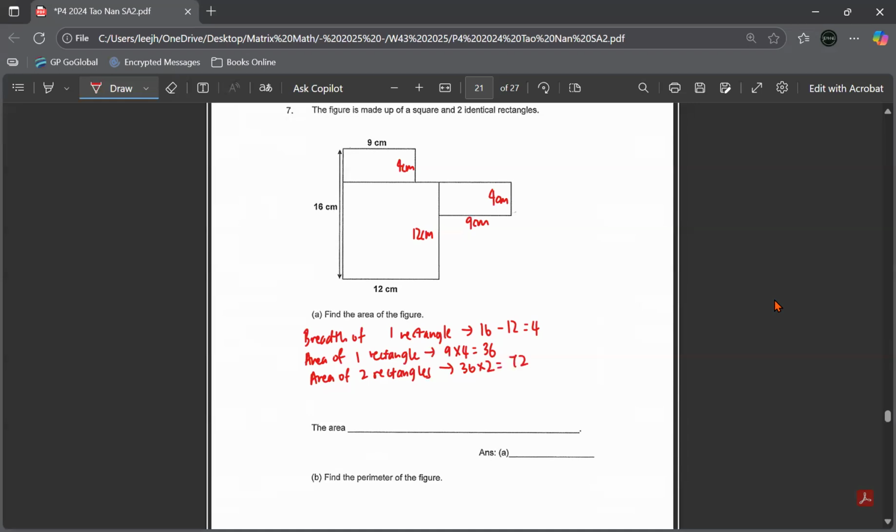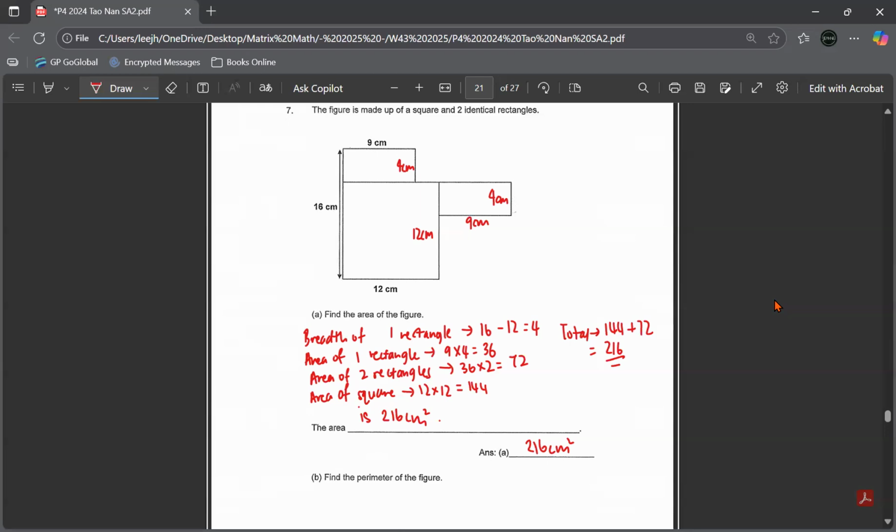But now you got one square, no? So this one is 12 by 12. Area of square, 12 times 12, 144. So what's the total area? 144 plus 72, 216. The area is 216 square cm. Must write down, 216 square cm.